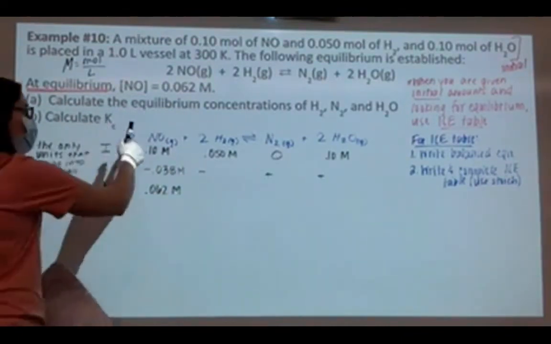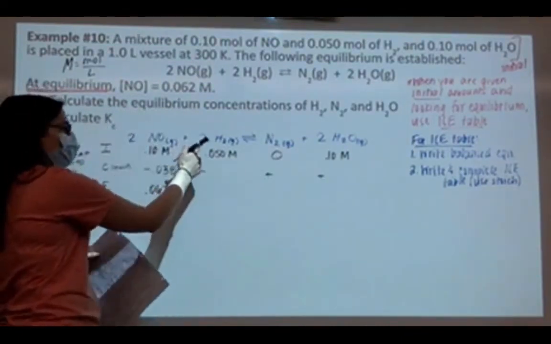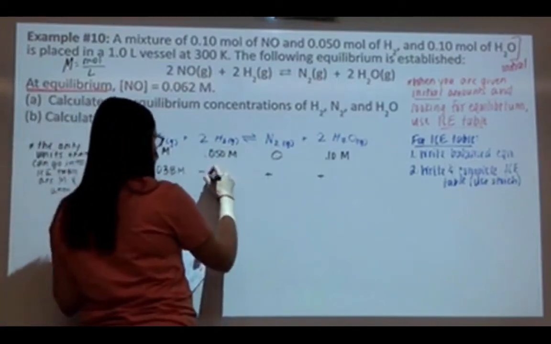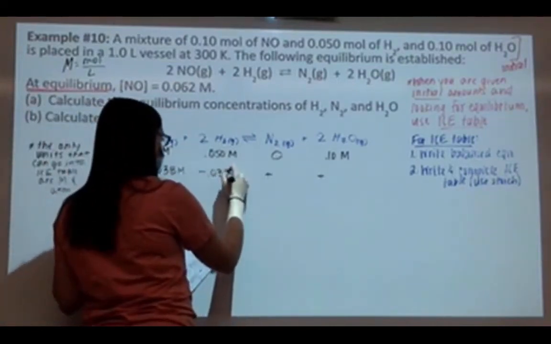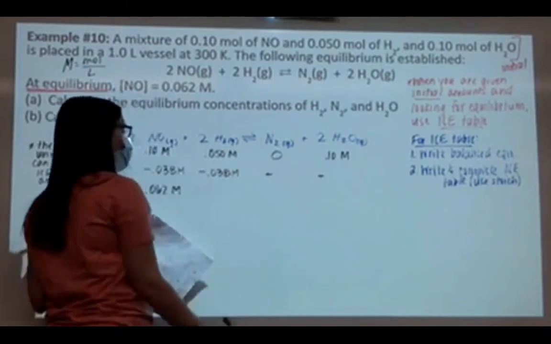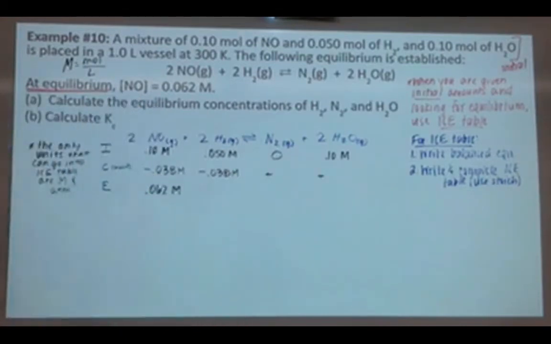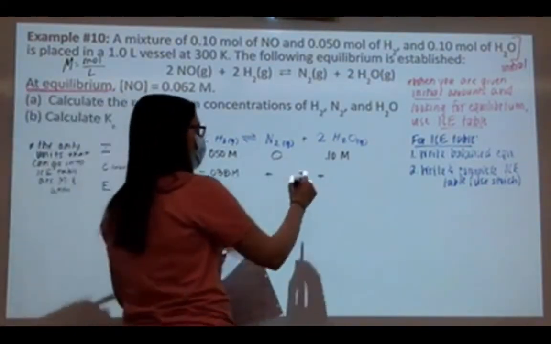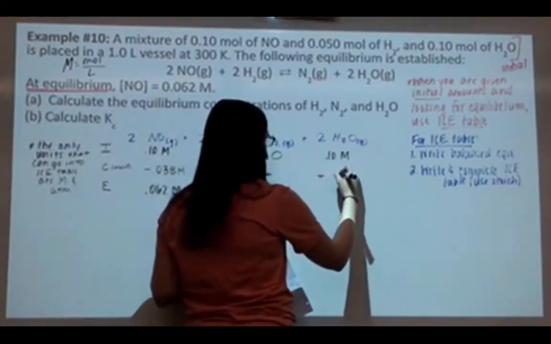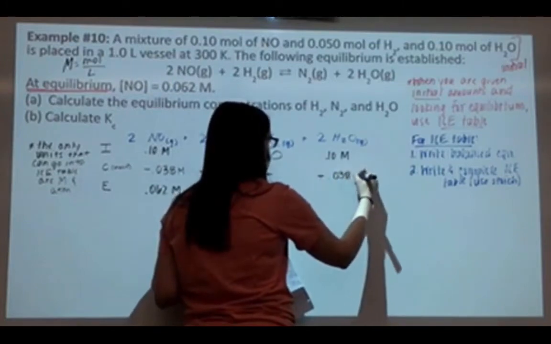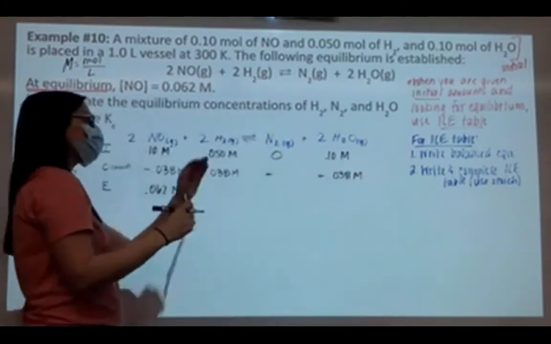Now, because NO and H2 have the same coefficient, they're going to be changing by the same amount. And H2O has the same coefficient as NO and H2, but it's going to be increasing by the same amount. Again, it's increasing because it's across the arrow.